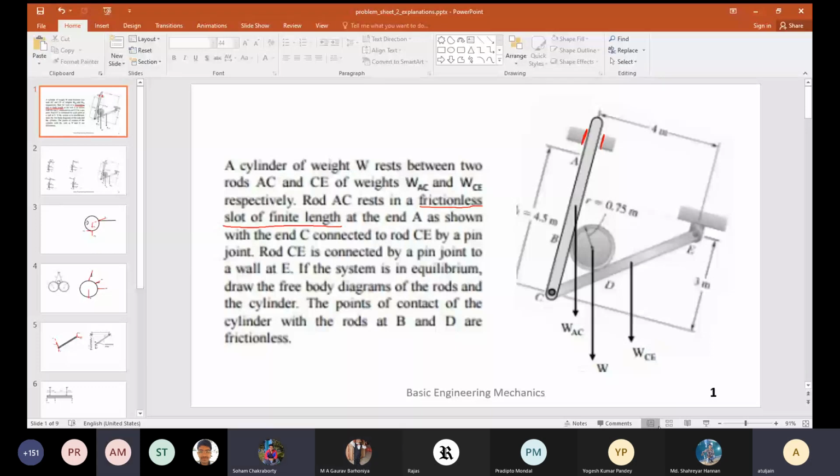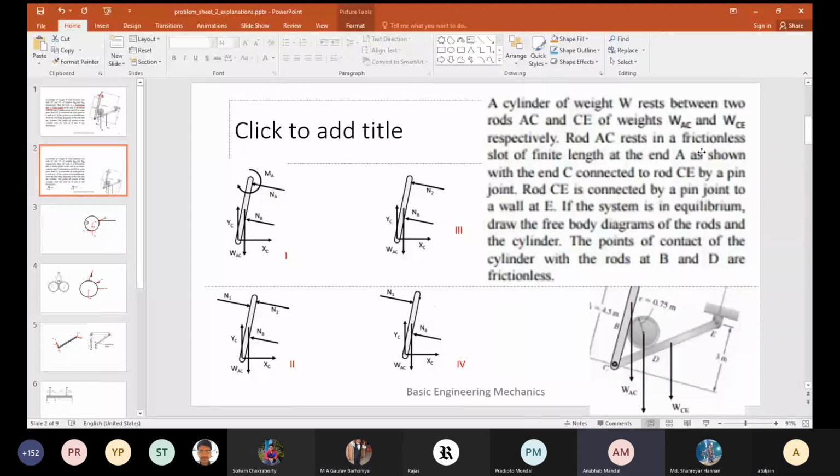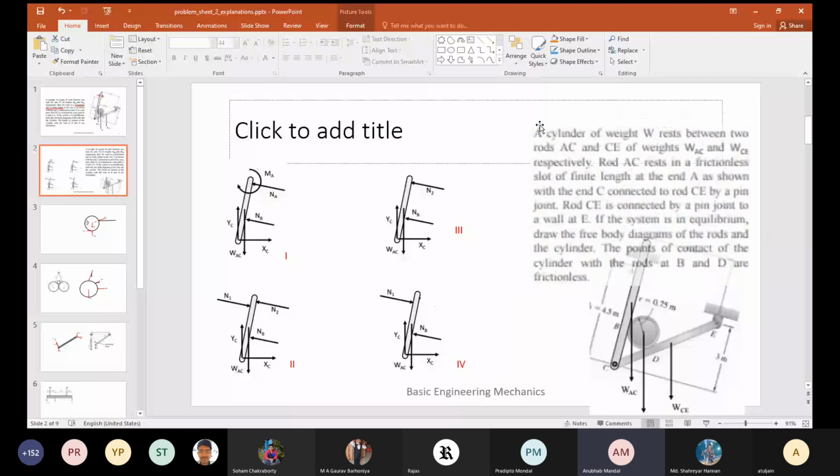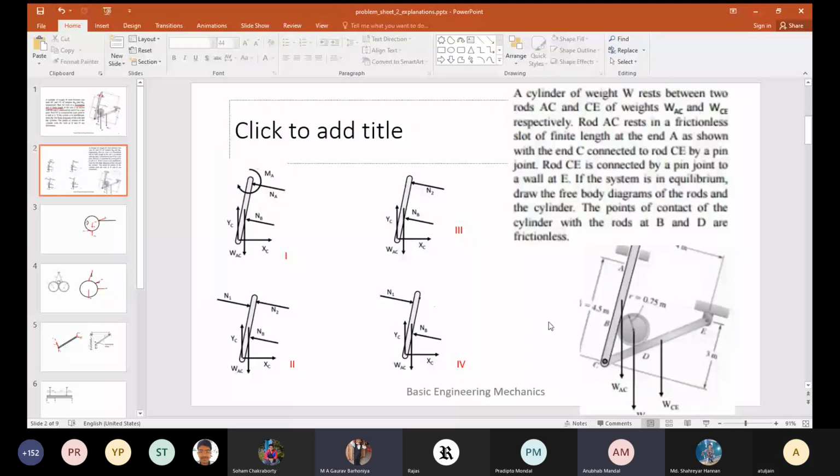Can you please show the choices once again? Yes. Now you can see the text and the choices. Sir, where is number 1?